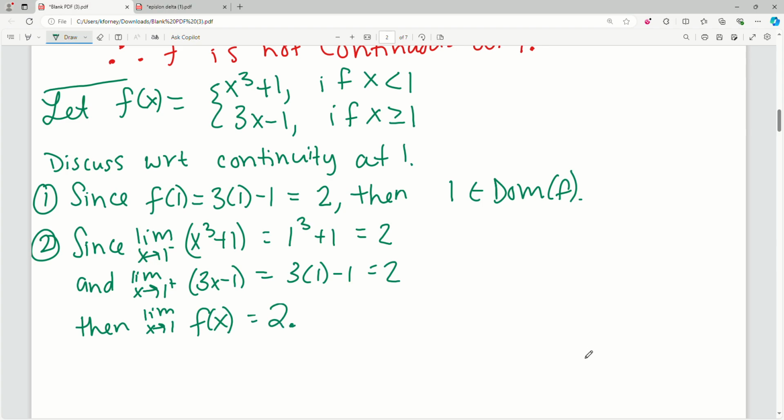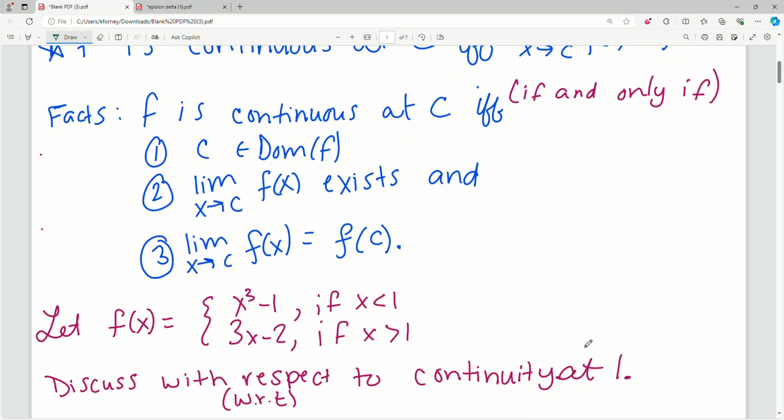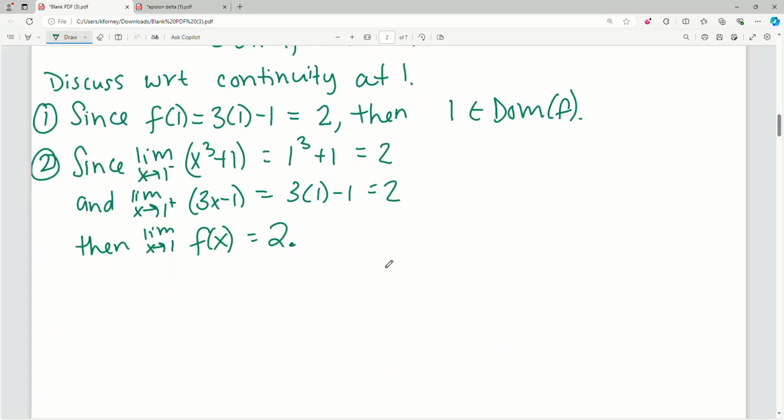So now, looking back at the 3 conditions, the last thing is that the limit as x approaches c of f of x has to equal f of c. So, we already said, what is f of c? We did f of c in part 1, and we got 2. And we've said the limit is also 2.